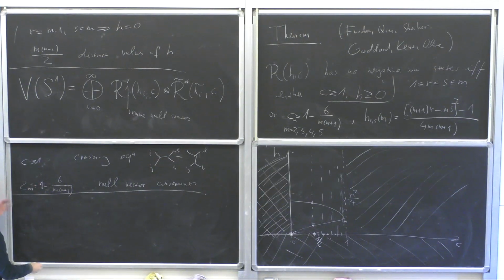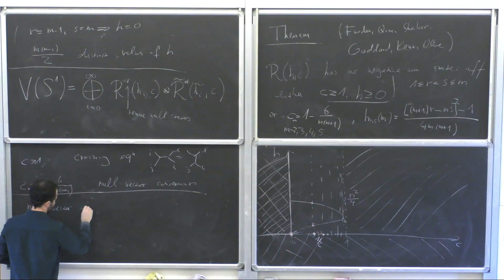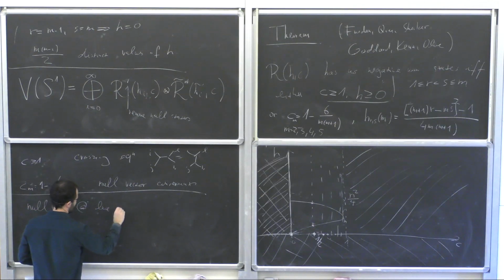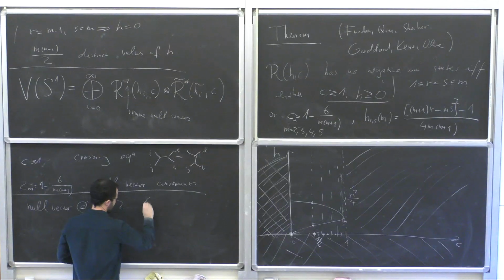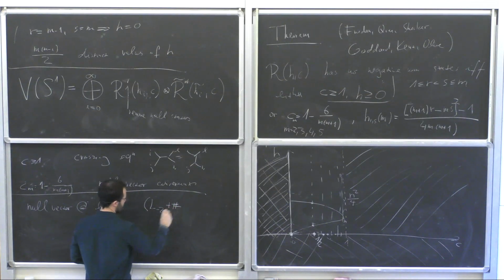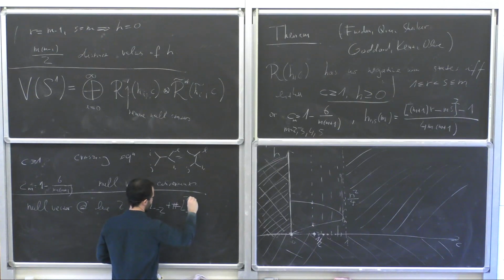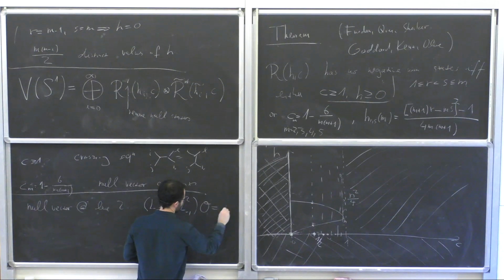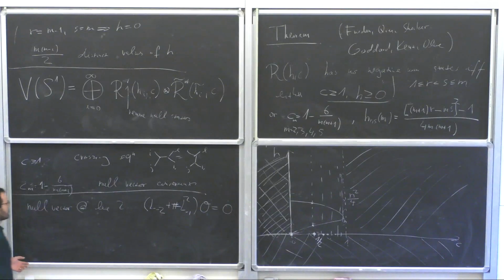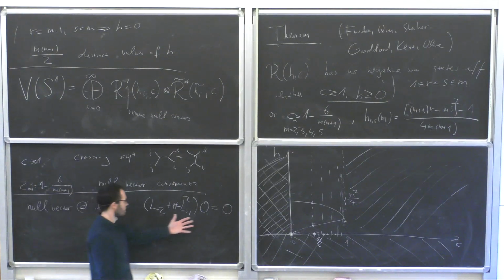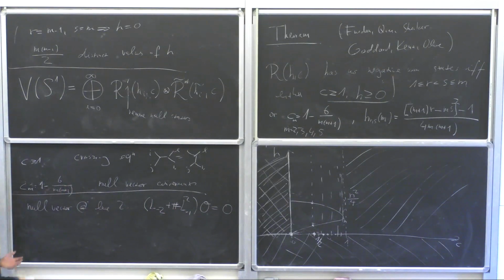For example, let's take the example at level 2. If there's a null vector at level 2, that means that our operator is annihilated by some linear combination of L minus 2 and L minus 1 squared. And this is an identity which imposes additional selection rules on the operator algebra.